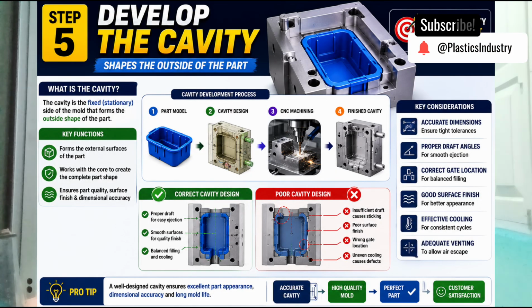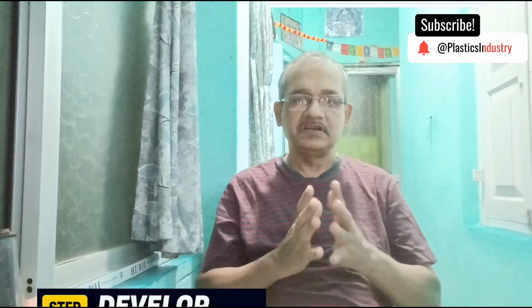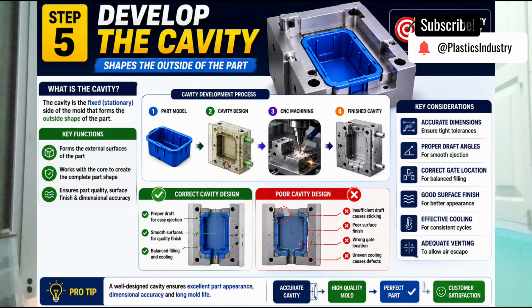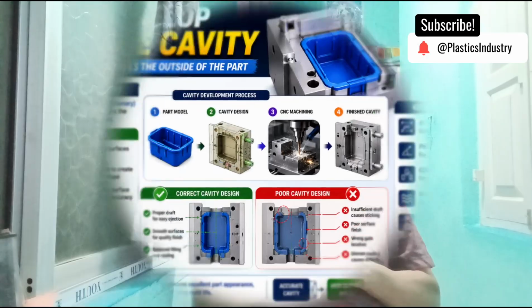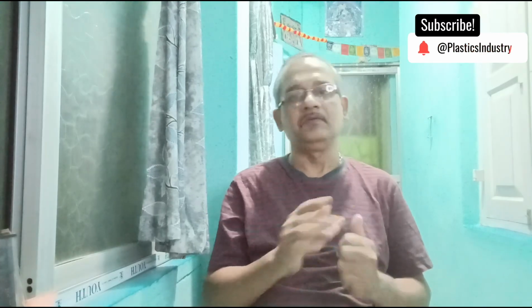When developing the cavity, maintain proper steel thickness, provide adequate draft angle, consider polishing requirements, consider texture depth, avoid sharp corners. The cavity is usually responsible for the product's visual quality. Any machining marks, scratches, or polishing defects may appear directly on the final product. Therefore, cavity finishing is extremely important.